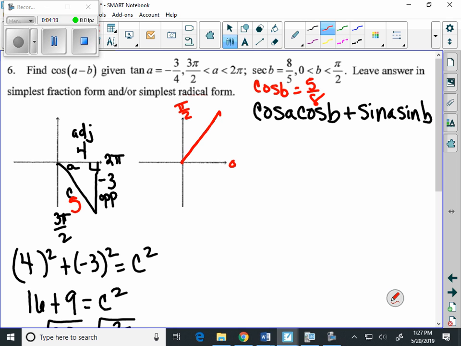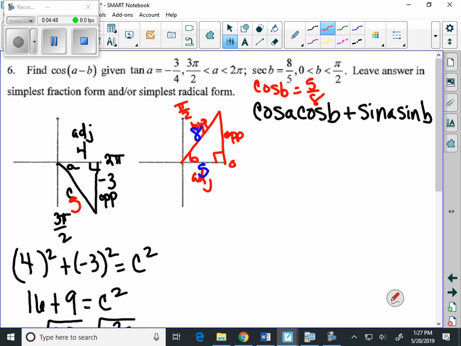Again, drawing your triangle so that you've got a bow tie. Here's angle B. Across from the right angle is the hypotenuse. Across from B is the opposite, which means along the x-axis is the adjacent. So the adjacent over the hypotenuse here.